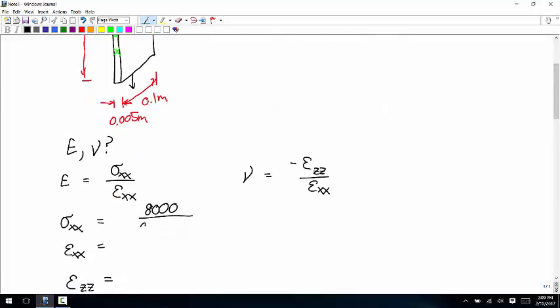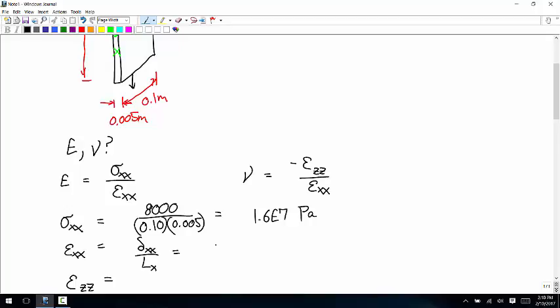So 8,000 divided by 0.1 divided by 0.005. And what do you get for that? 1.6 times 10 to the 7 pascals. And then the strain in the x direction is the change in length divided by the original length.